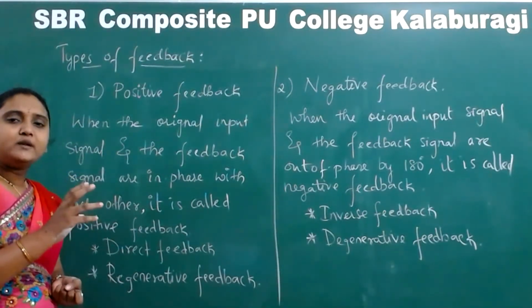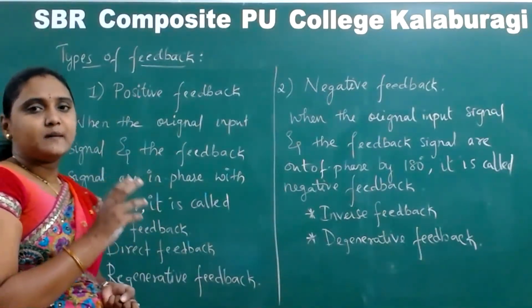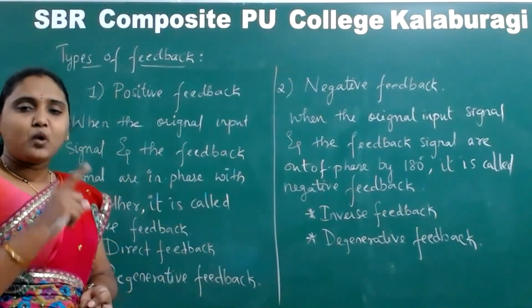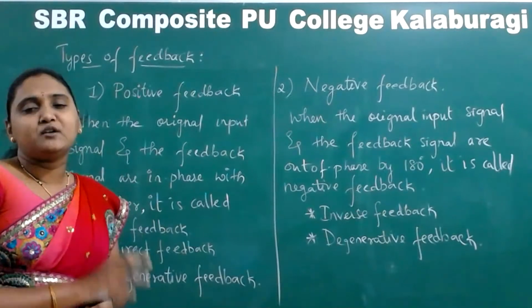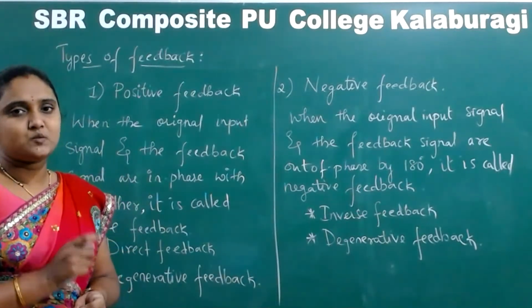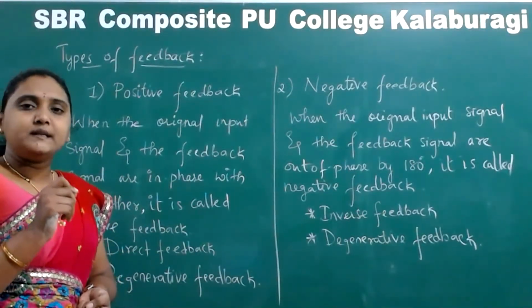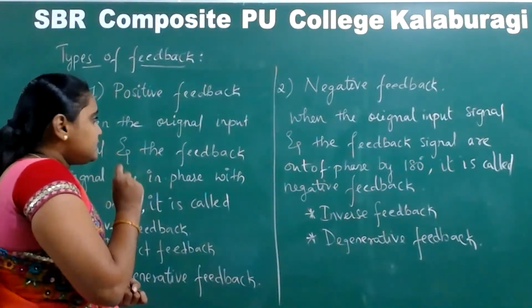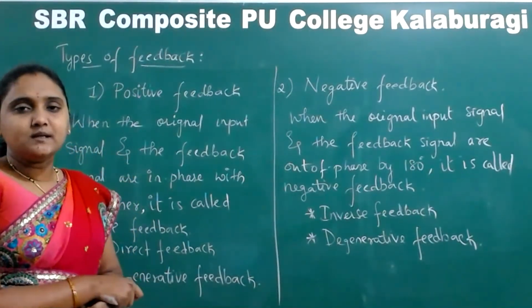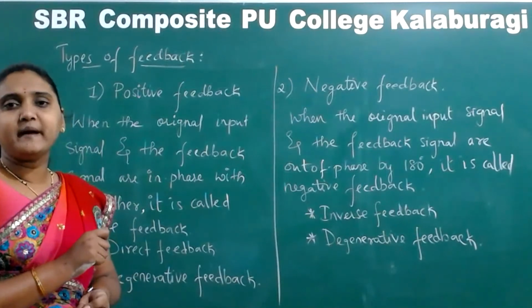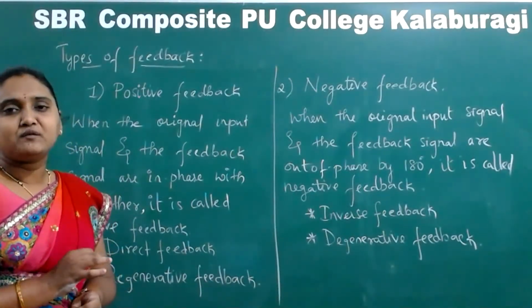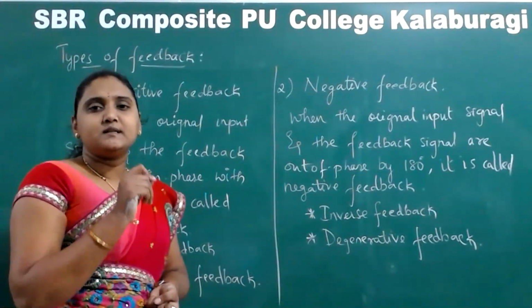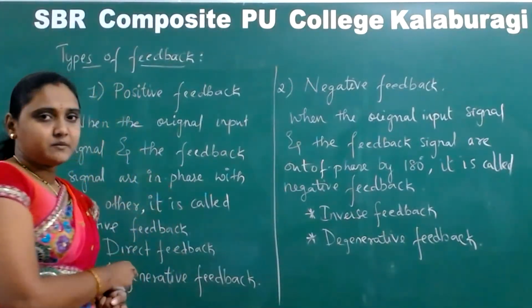Overall gain of the system, otherwise the amplifier, increases. But what happens at the same time? Noise, distortion, and instability of the signal also increase with the gain. So increase in the gain serves as the advantage for the positive feedback, whereas the distortion, noise, and instability of the signal are the disadvantages for the positive feedback.